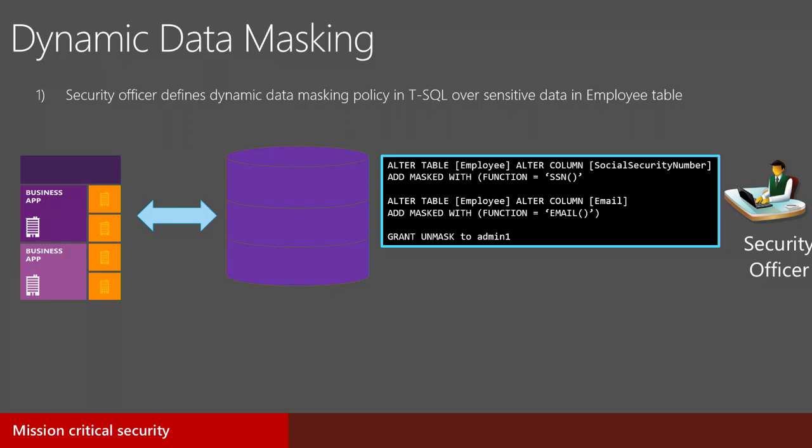So what do we do to start off with? We've got our ubiquitous security officer, and they're defining a mask to put onto these columns. There are a couple of different masks available, and there's also an unmask permission that you can use. So you grant unmask to someone who should be able to see all of the data in its full glory.